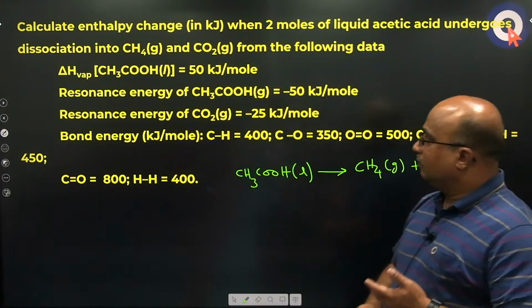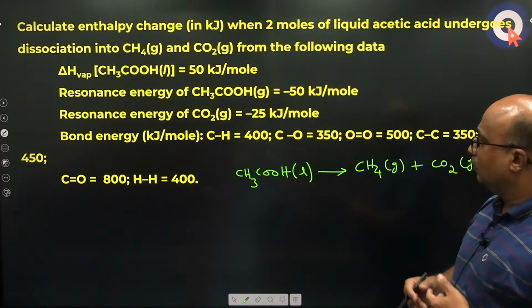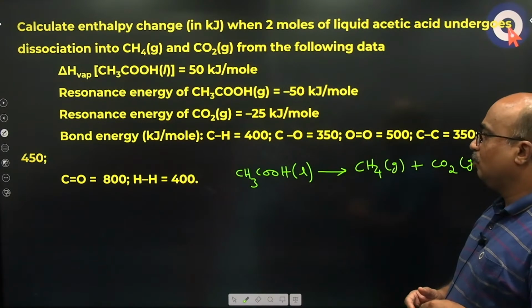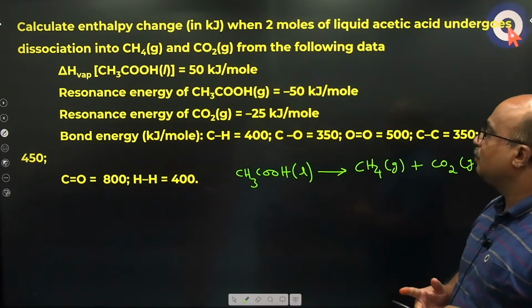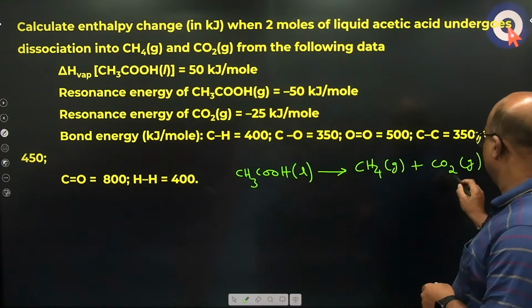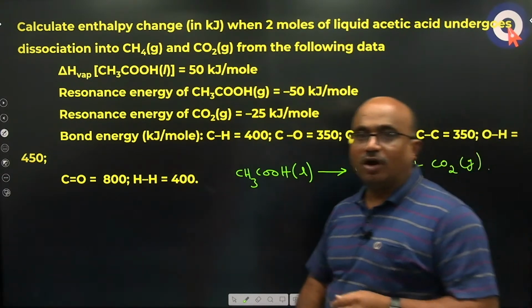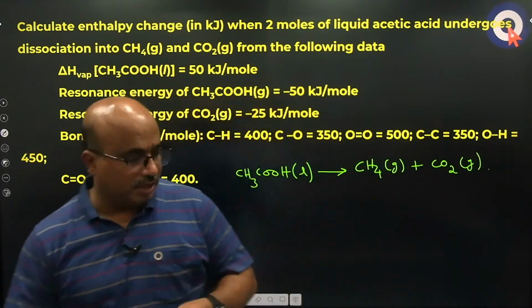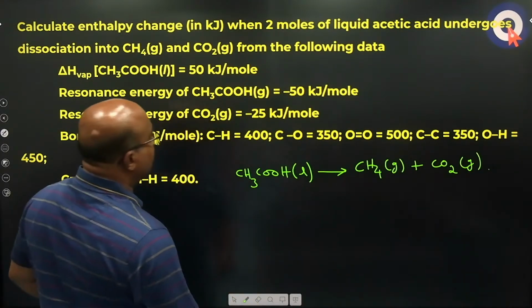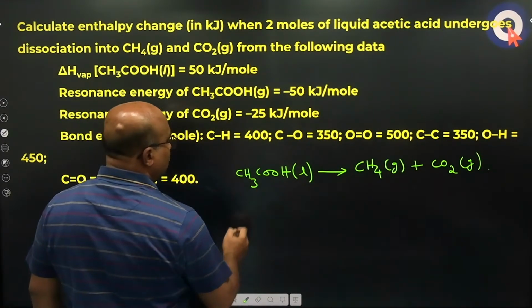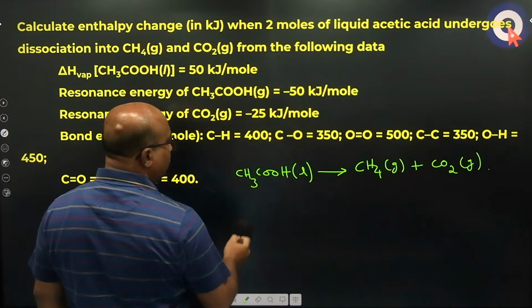But resonance energies are given, bond energies are given. So what is the usual calculation? So the CO2 energy, how much? Everything that we determine. So what is the total enthalpy change of this process?